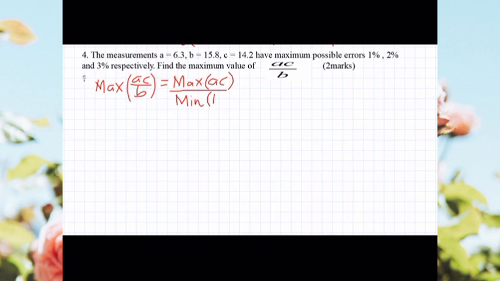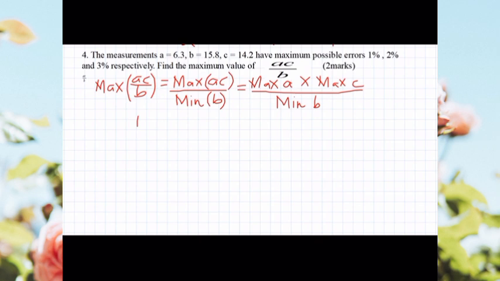So we divide by the minimum of B. So this means, for us to obtain the maximum product in the numerator, we are going to multiply the maximum of A by the maximum of C in order to obtain the maximums. Then in the denominator, since it is only one value, we're just going to have the minimum of B.